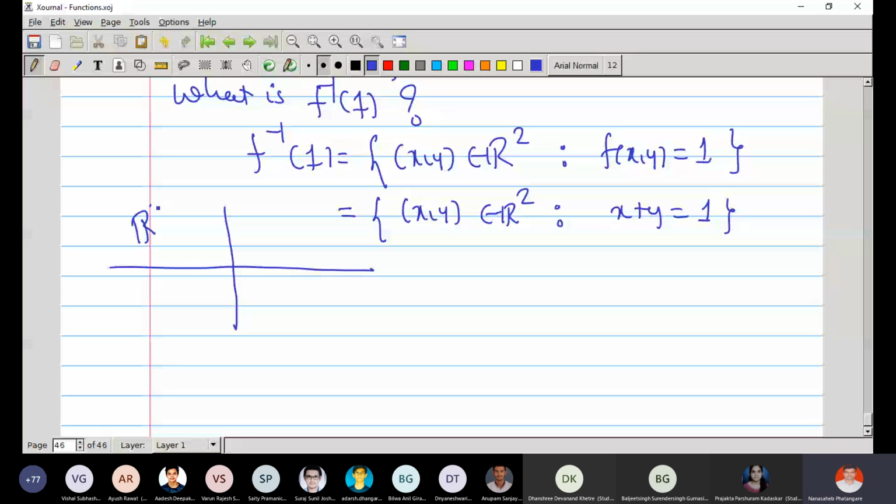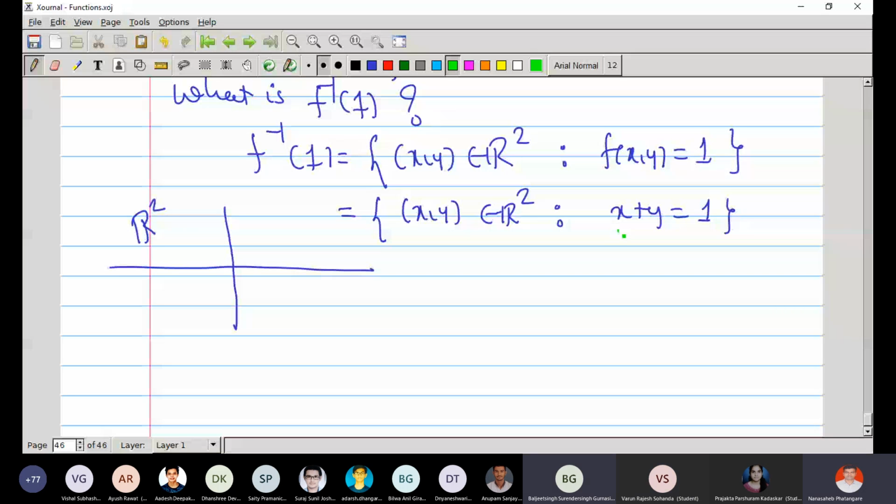What are the points in R2 satisfying the condition f of xy equals 1, or x plus y equals 1? There are infinitely many points. You can see that it is a line.